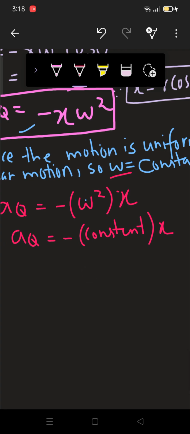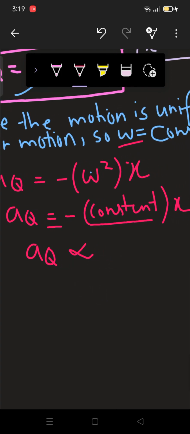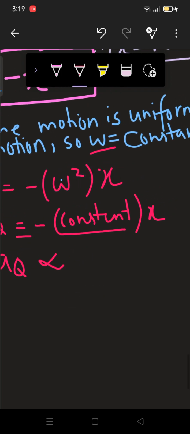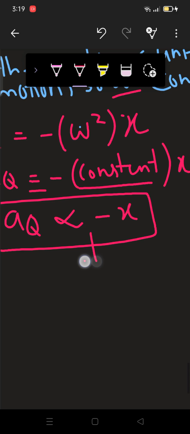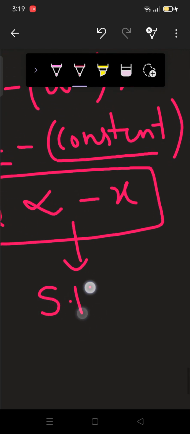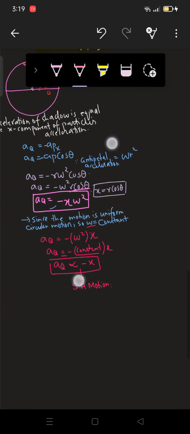Now after removing the proportionality constant, we get the equal sign and constant. So for removing the equal sign and constant, I can now write proportional, right? Now that I have removed the equal sign and constant, I have got a_q proportional to minus x. See, this proves that the given acceleration is simple harmonic motion, since acceleration is directly proportional to the negative of its displacement.